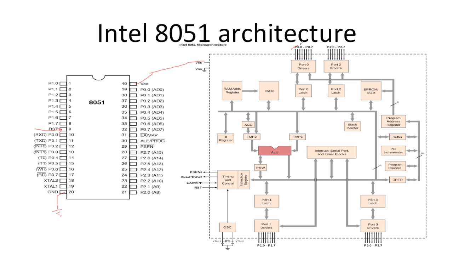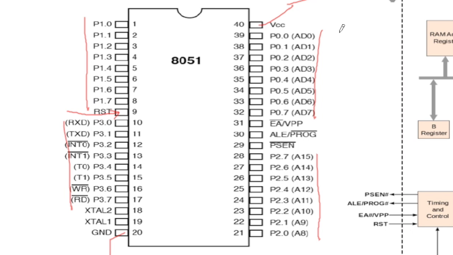There are 4 ports on the 8051 controller labeled P0, P1, P2, and P3, and these are their corresponding pinouts. Note all these ports are 8 bits wide.